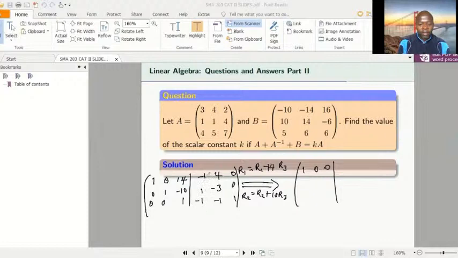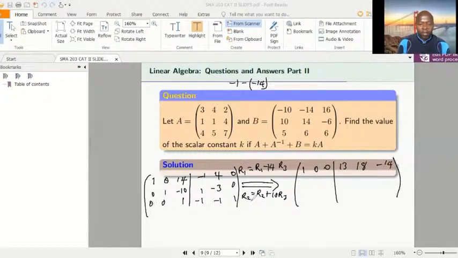Negative 14 subtracted from negative 1, this gives you 13. This by 14, get negative 14. Negative 14 subtracted from 4, get 18. This by 14, get 14. Subtract from 0, we have negative 14.